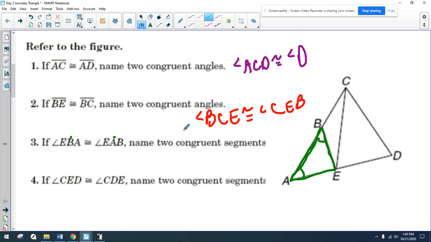So if those two are equal, they want the two congruent sides that are equal. So this is the vertex angle, which makes these the two equal sides. So you would be saying segment BE, make sure you have your notation, and segment AE. Notation I'm looking for, congruent sign I'm looking for.